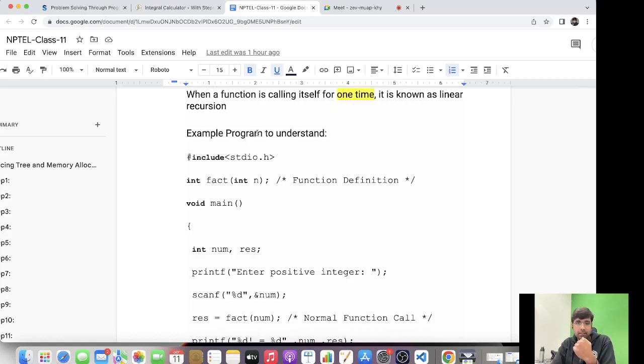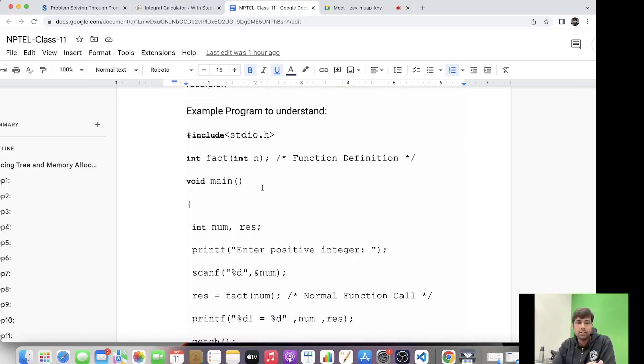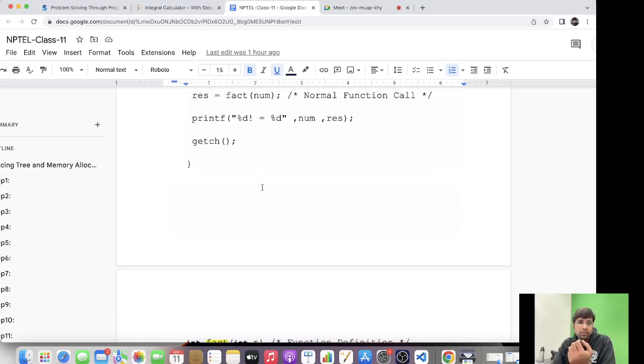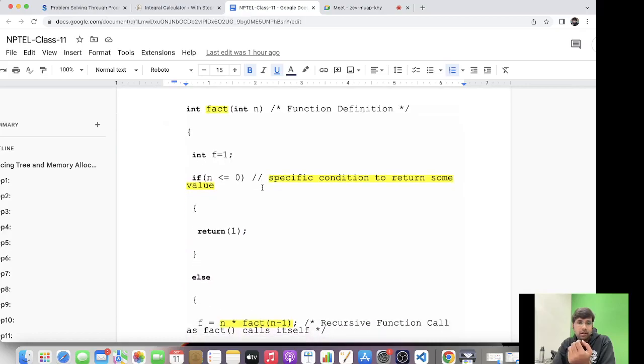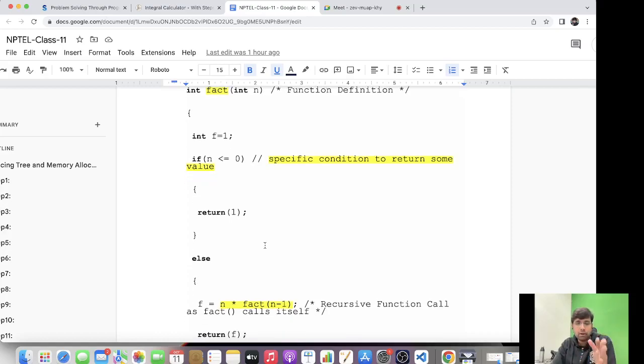So let us consider this program. We are trying to calculate the factorial of a particular number, and in the logic of this factorial, if the number is less than 0, then we will stop here. During the execution of this program, factorial will be called by itself, fact of n minus 1, one time.